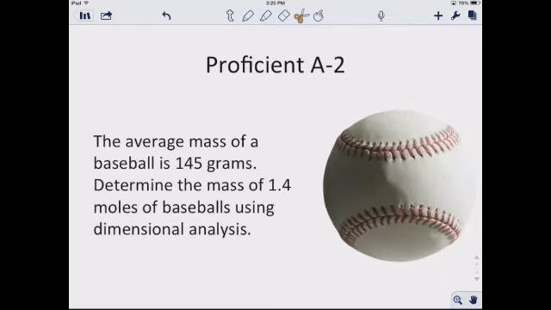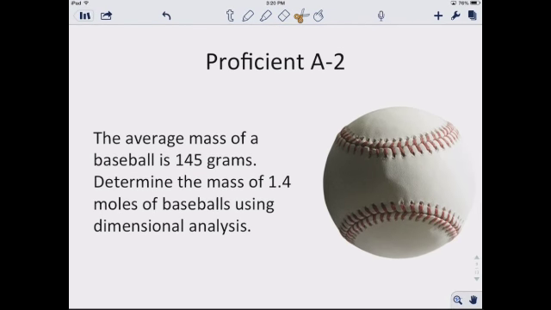It's a big number. The next thing, it says the average mass of a baseball is 145 grams. Determine the mass of 1.4 moles of baseballs using dimensional analysis. So this one's a little bit harder. So we have 1.4 moles of baseballs.